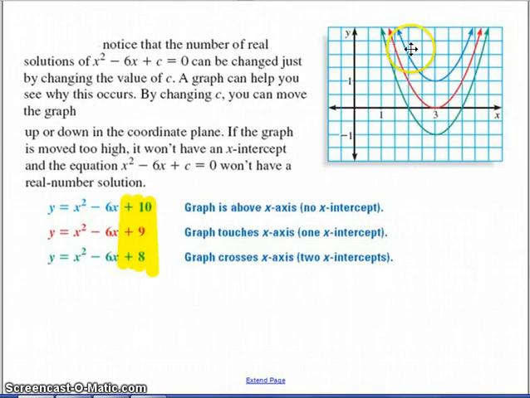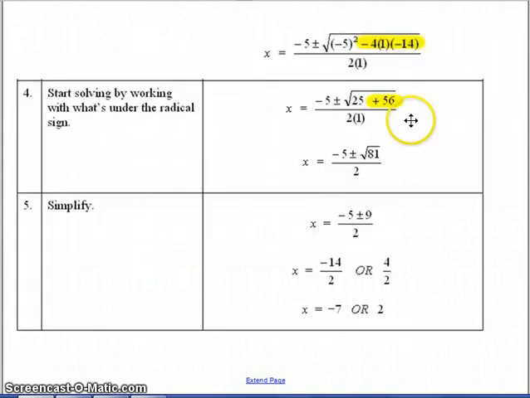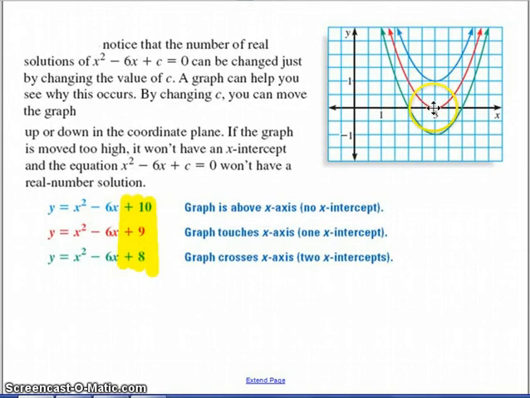So this blue parabola here has two imaginary solutions to y is equal to 0. It doesn't have any real or graphable solutions. It's also possible that this number here, which turned out to be 25, could have matched it. It could have been minus 25, in which case this would have been the square root of 0. When that happens, you only get one result, 1, 0, as it said.